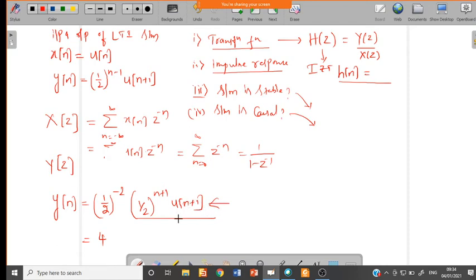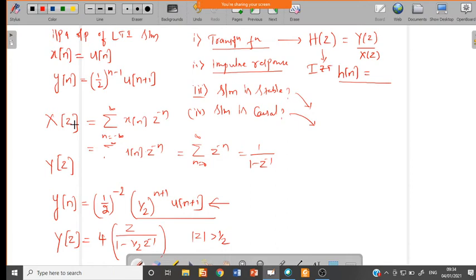If you go on putting the values of n and take the z-transform for this, you will get z divided by 1 minus half into z inverse, where the region of convergence is the magnitude of z greater than half. This we have done already, so look back at that and get the formula for this, and you will get the Y of z like this.